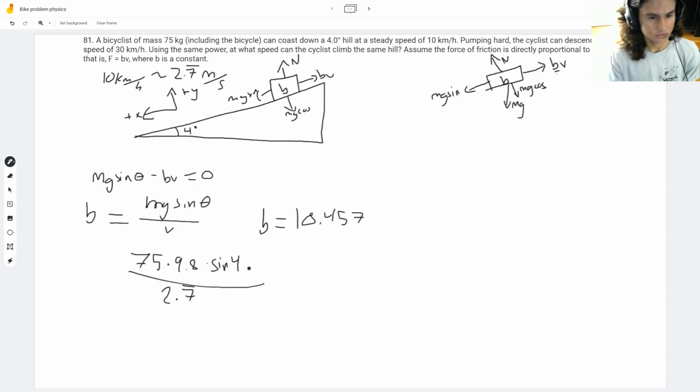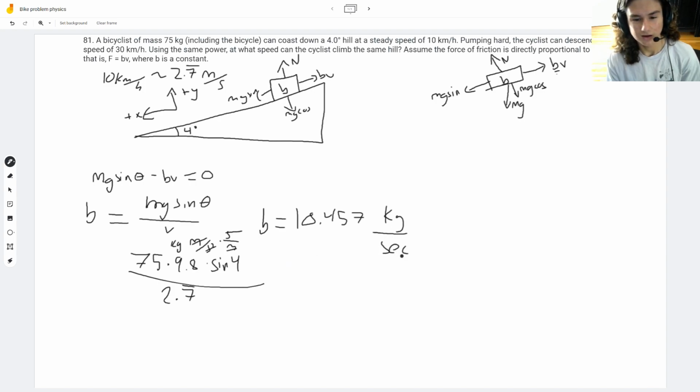The units for this would be kilogram meter per second squared times seconds per meter, so that would be kilograms per second. I don't think the units are very important.